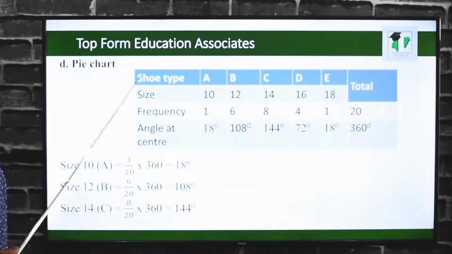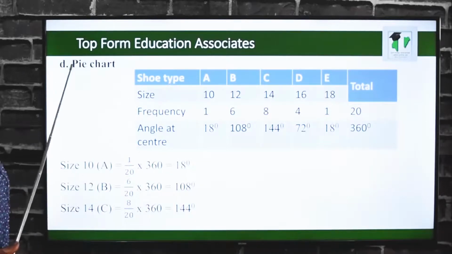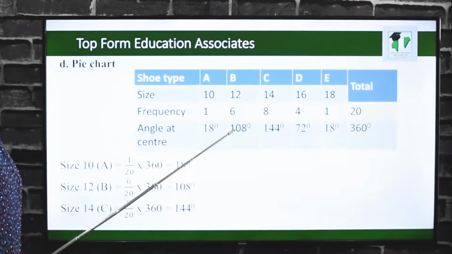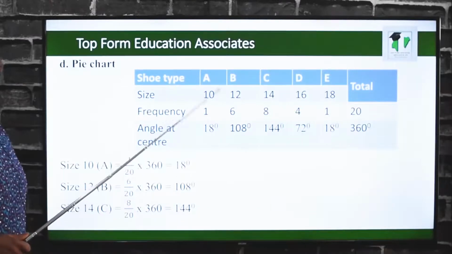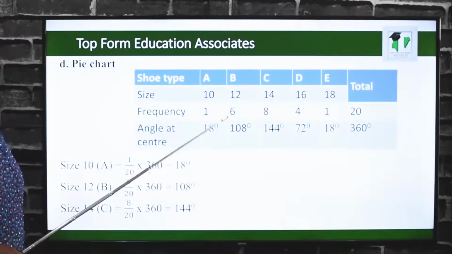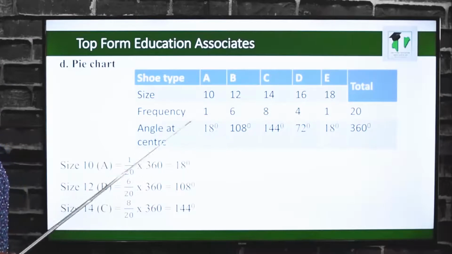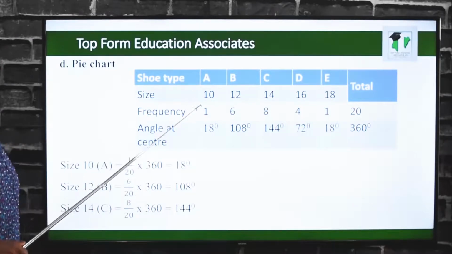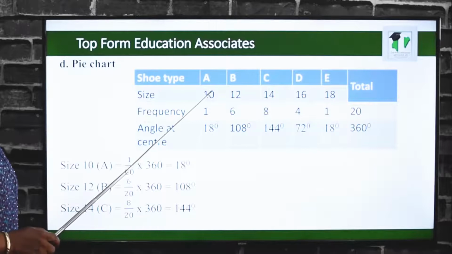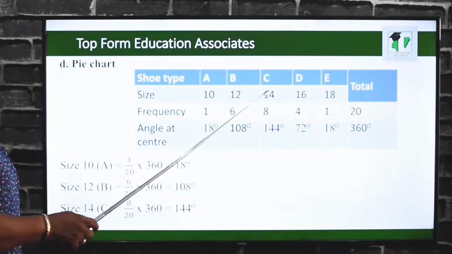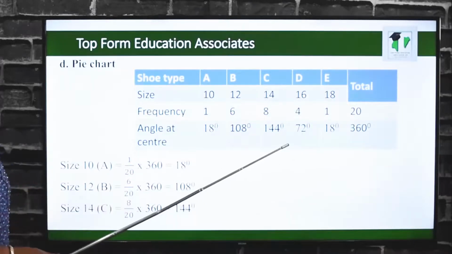Let's present the same information with a pie chart. Recall that I told you that for you to draw a pie chart, you must get the angles at the center for each data. So in this example, the sizes of the shirts run from 10, 12, 14 to 18.